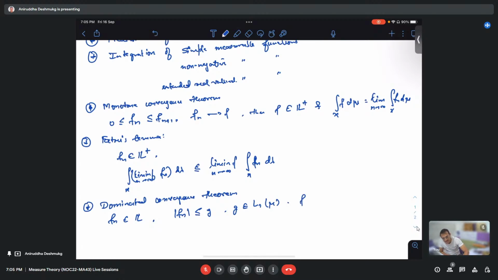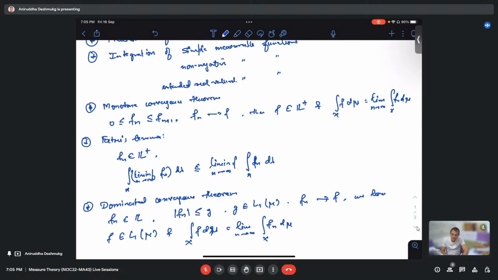Then if f_n converges to f pointwise, we have that f is in L1, and the integral of f d lambda or d mu is given by the limit of the integral of f_n d mu.